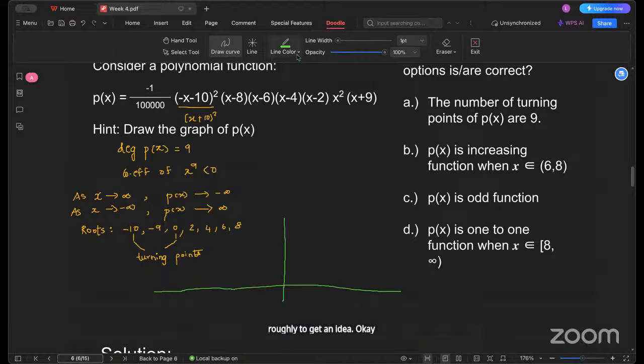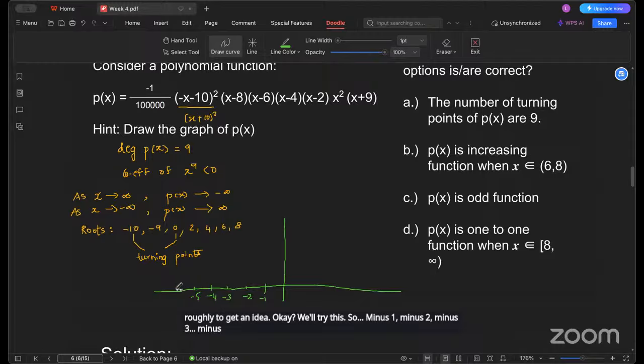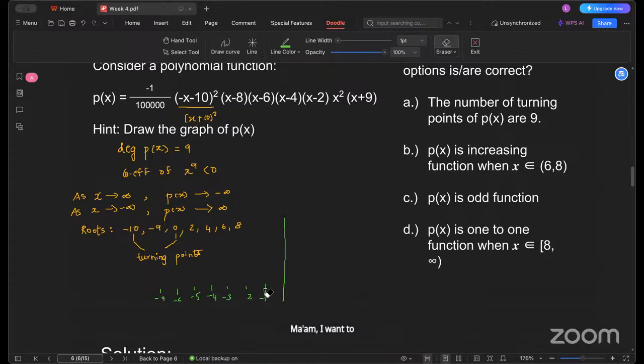Okay, we'll try this. So minus 1, minus 2, minus 3, minus 4, minus 5, minus 6, minus 7. Here I'm not able to draw, sorry, better I will redraw. Ma'am, I want to know how minus 10 and 0 have turning points and the other even numbers don't have a turning point.